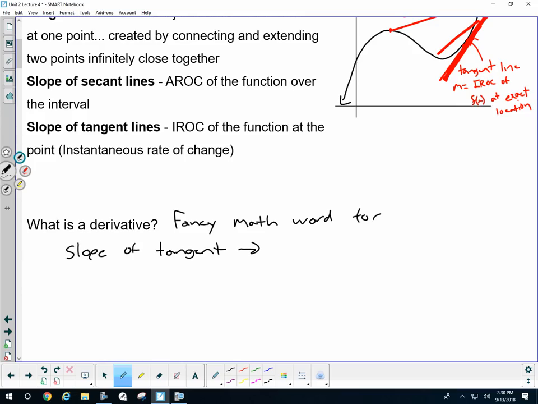And we know that a slope of a tangent takes a secant line that gives us an average rate of change, and it makes it an instantaneous rate of change if you put those points infinitely close together.